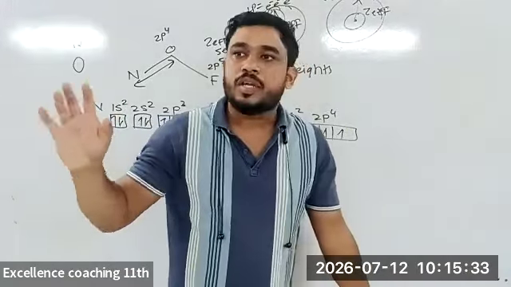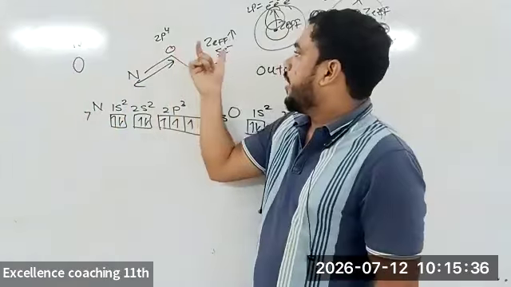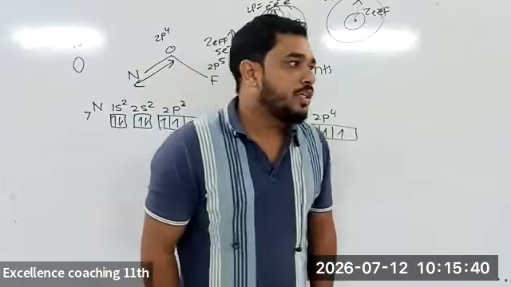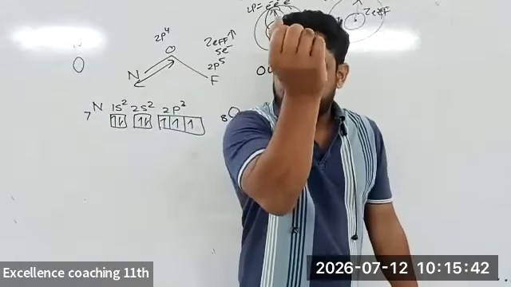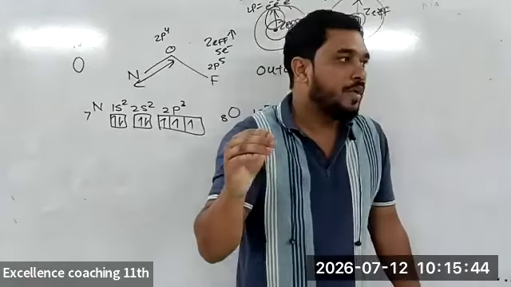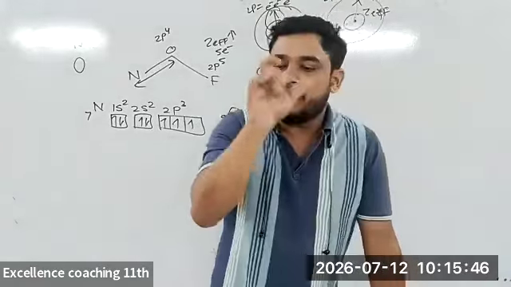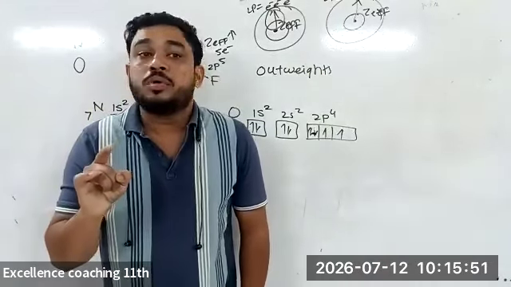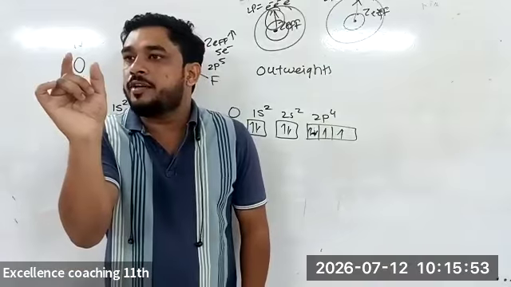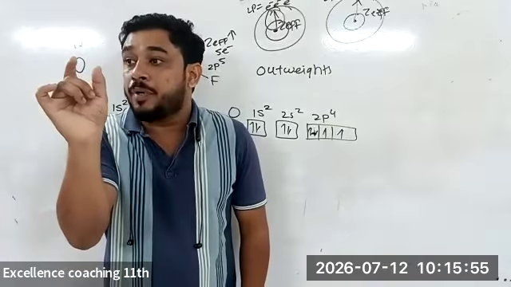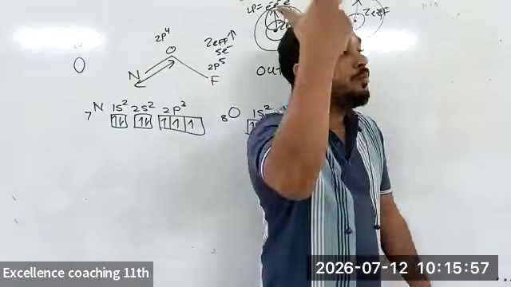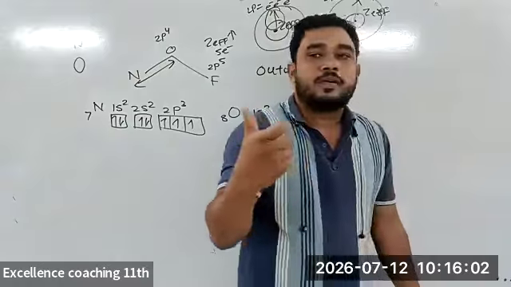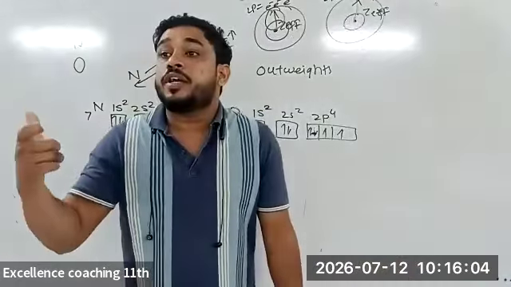What you will write? In nitrogen, there are how many electrons in 2p? 3 electrons. So because of effective nuclear charge, the atomic size of nitrogen decreases. When we move from nitrogen to oxygen, 1 electron is added. In whom? Oxygen. So that is why there will be what? Inter-electronic repulsion. The inter-electron repulsion is so high that it outweighs whom? Effective nuclear charge.